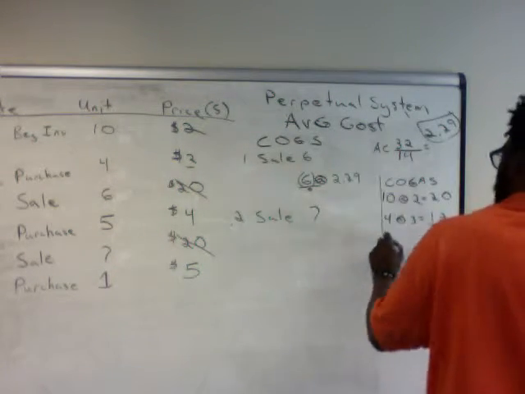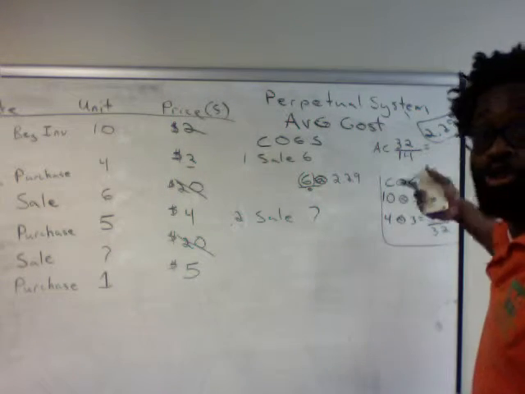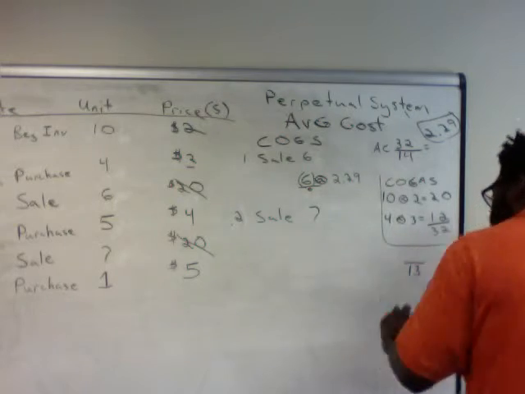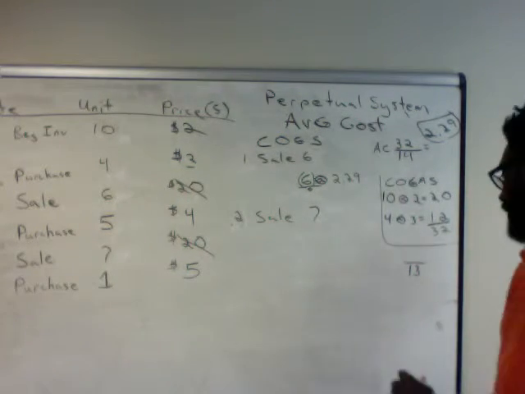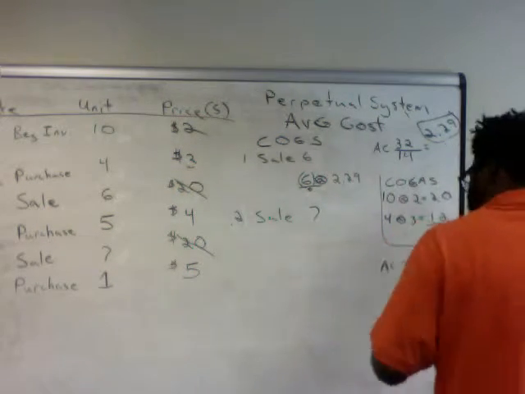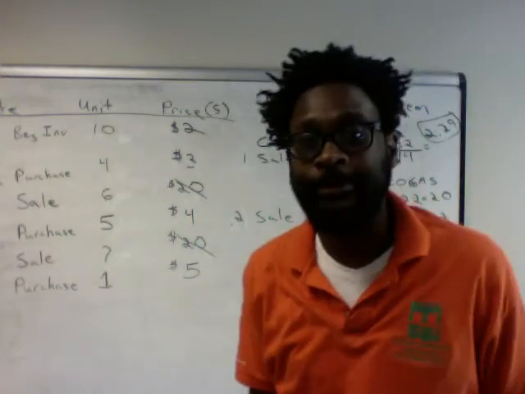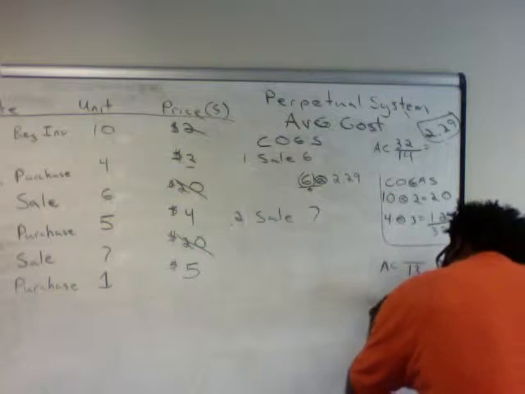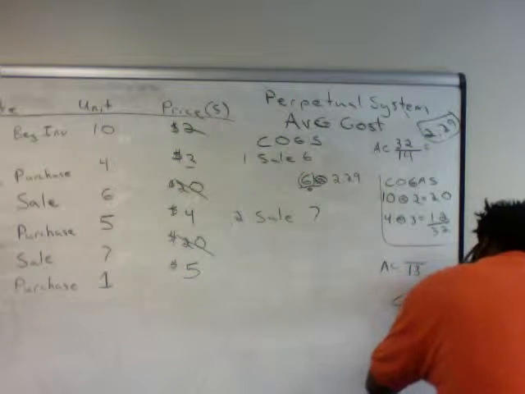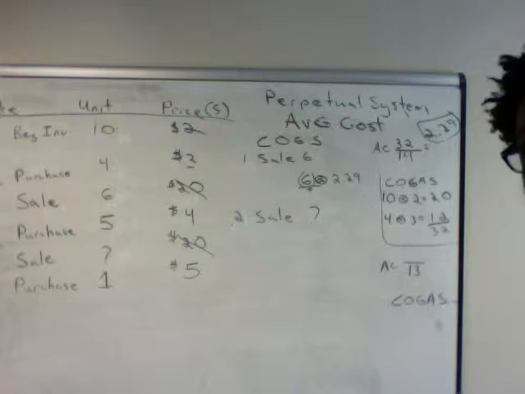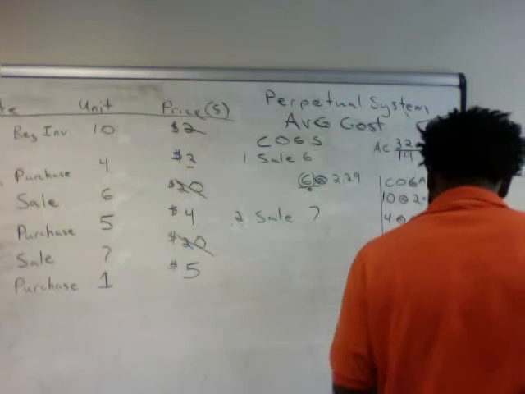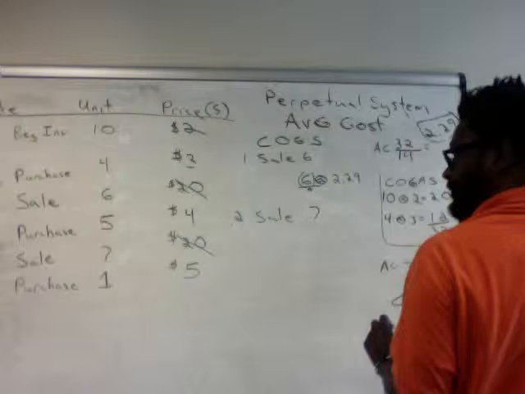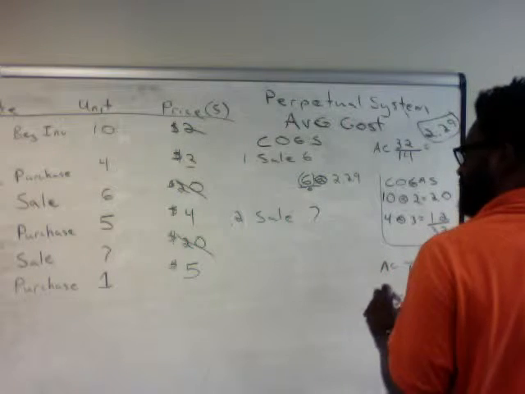13 units available. So now that is our new calculation. That's our new denominator. Our new denominator is 13. Now I have to ask myself what? What is the cost of the 13? So how am I going to do that? We already know that we have 8 left, right? 14 minus 6 is 8.